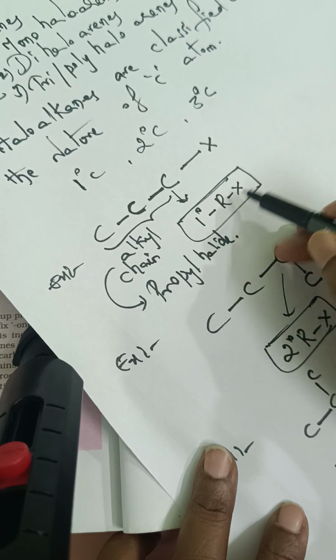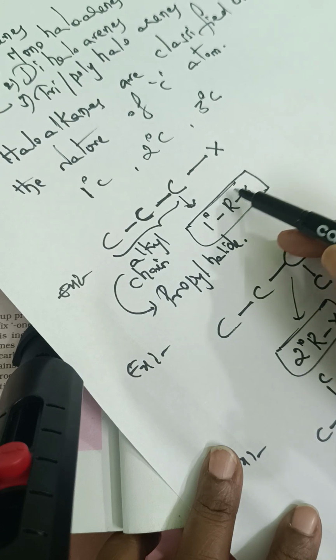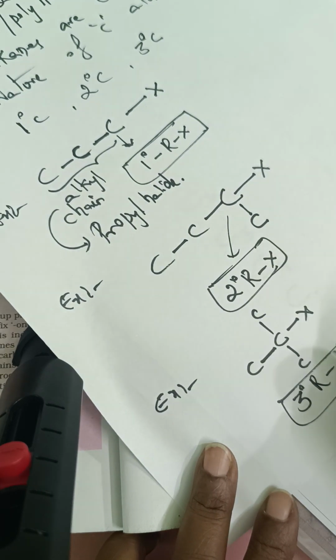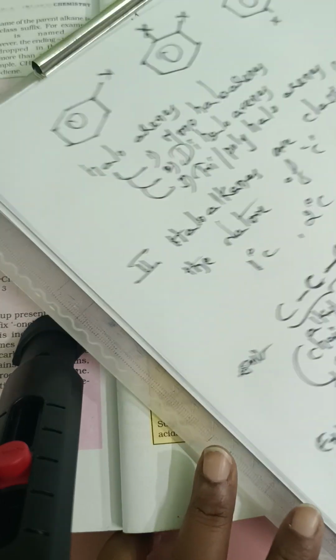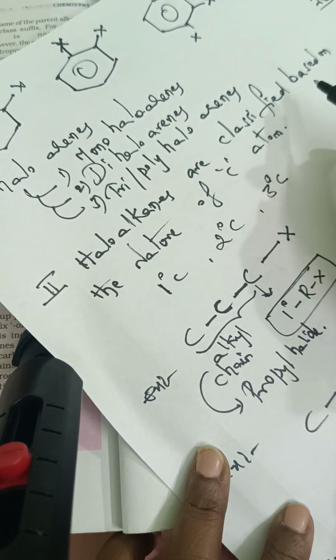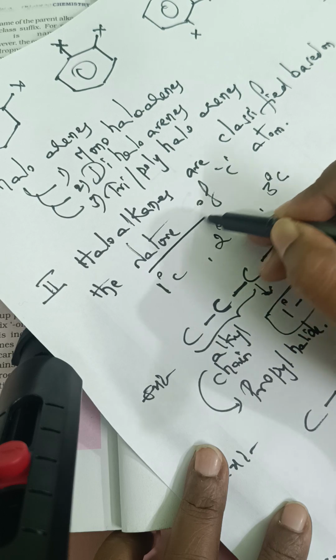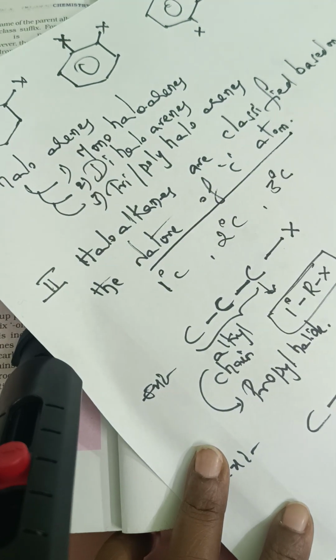So the nature of the carbon is primary. We are naming it as primary alkyl halide, secondary alkyl halide, tertiary alkyl halide. So this is the second classification of haloalkanes. It is based on the nature of carbon atoms.